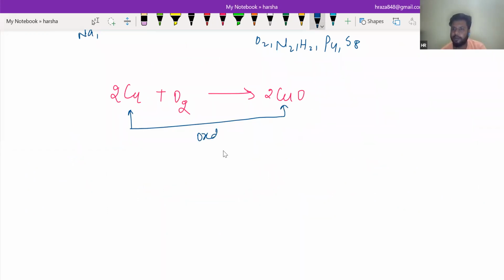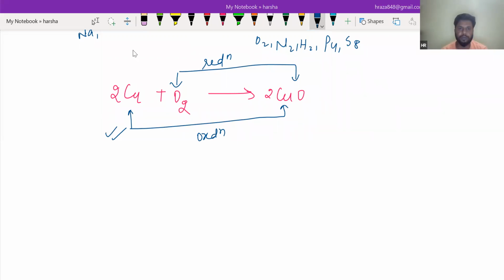That means this is the oxidation part, so the other one is reduction. Whenever there is no hydrogen or oxygen, how will we calculate whether it is oxidation or reduction? In terms of electrons, we will explain whether it is oxidation or reduction. It is very important.